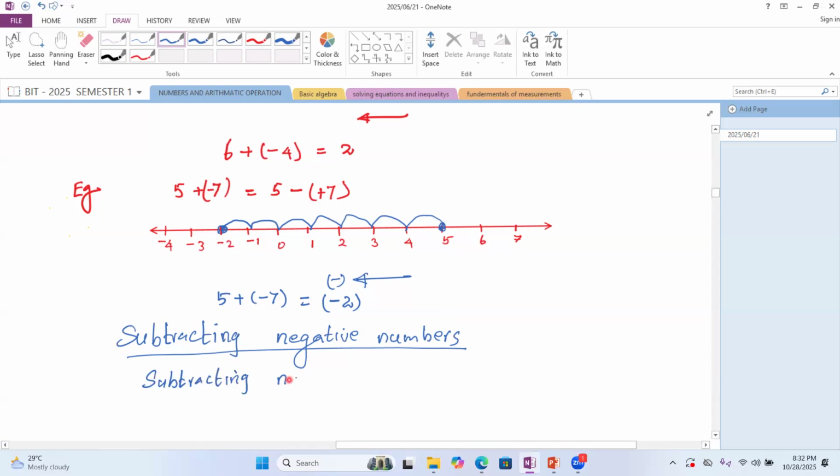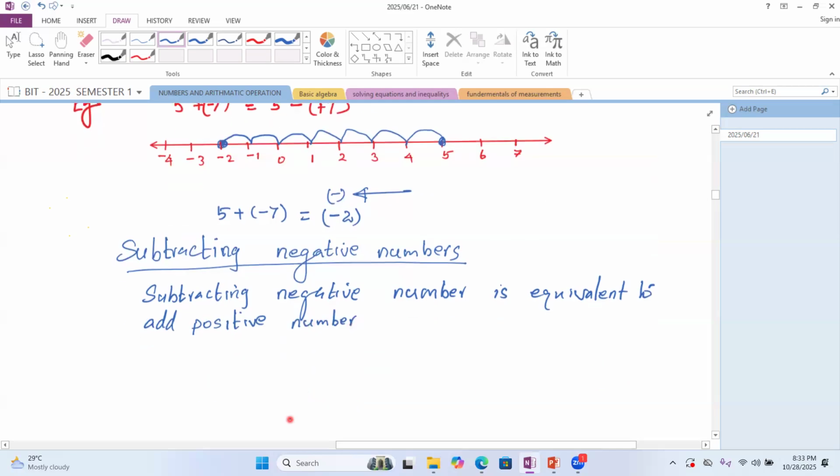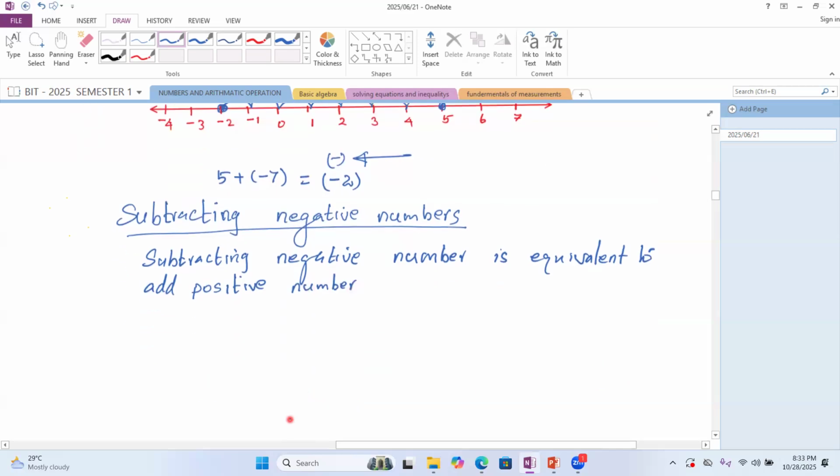Right. Now, subtracting a negative number is equivalent to adding a positive number.